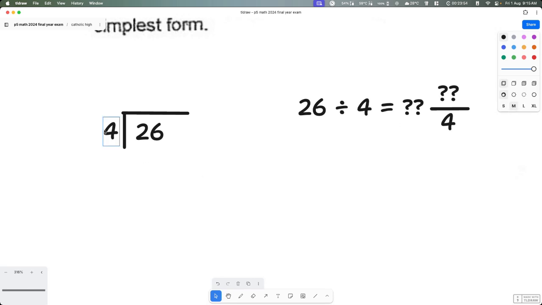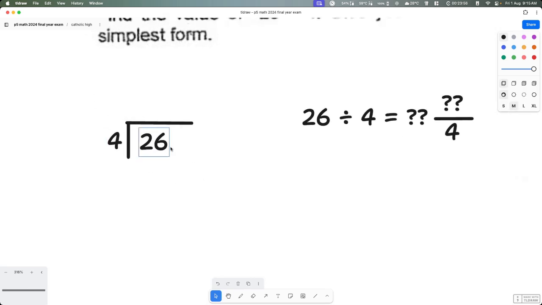For 4 into 26, what is the closest to 26? It's actually minus 24, and this will become 6. So 6 times 4 is equal to 24, and then this will give us 2. Now we have 2, we can't minus 2 with 4, so we have to put a 0, 26.0. So bring down the 0.